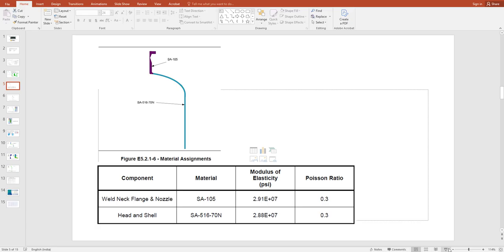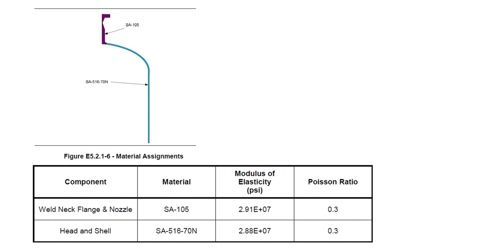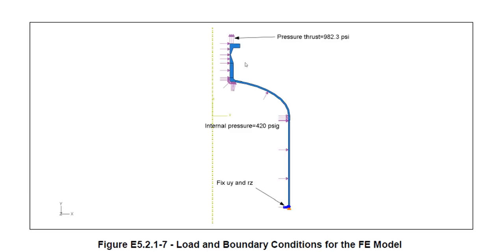Now we'll go to the next part. This is a very interesting part. We know the internal pressure is applied as 420 psig on all inside surfaces, and the thrust is calculated, and its value is 982.3 psig.